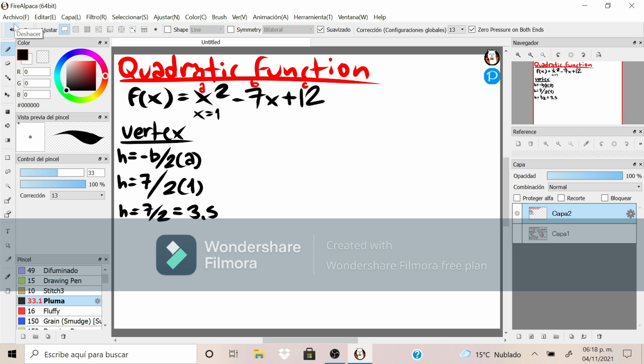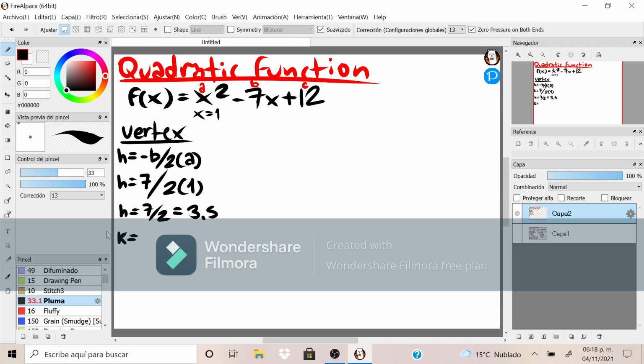Now we're going to find the second part of the coordinate, which we'll call k. For k, all you gotta do is replace every single x with the value that you already have.